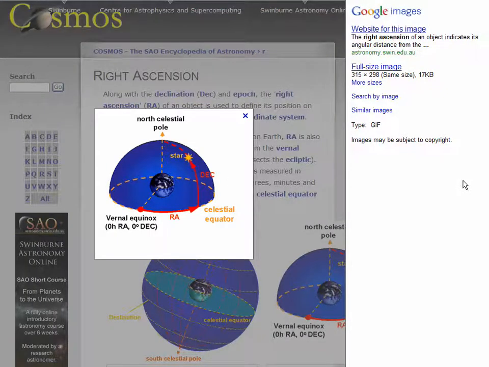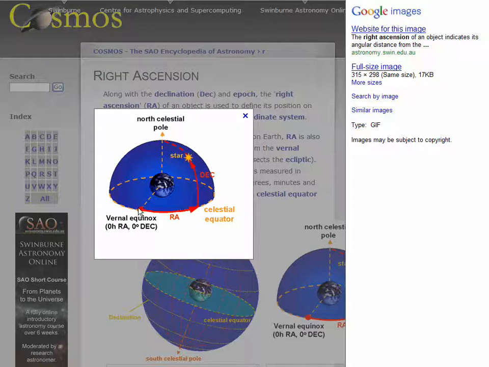So the celestial sphere, or the celestial coordinate system, uses two coordinates. It uses right ascension and declination. The origin of the coordinate system is a point in the sky on the horizon, to an observer who is standing on the equator, and that point is defined as the point that the sun can be found at on the vernal equinox.